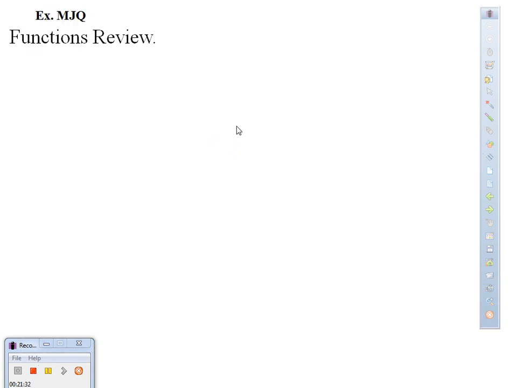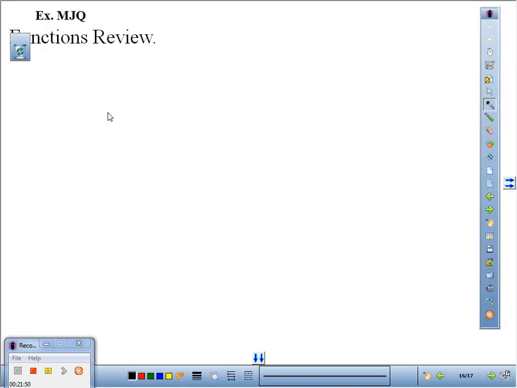All right? So function review, here it goes. For function review, we started with, look up please. I started by giving you the first function such as this. Look up to the screen. f of x equals x squared.